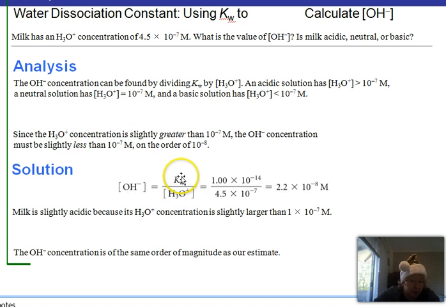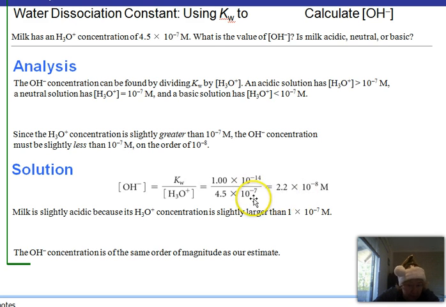So the Kw is the hydrogen ion concentration times the OH concentration. We know it's 1.0 times 10 to the -14. That's just the standard. And this number here is 4.5 times 10 to the -7. It's just Kw, which is a standard, over the concentration they gave you, which gives you 2.2 times 10 to the -8.